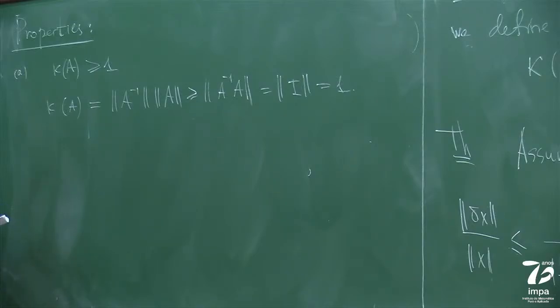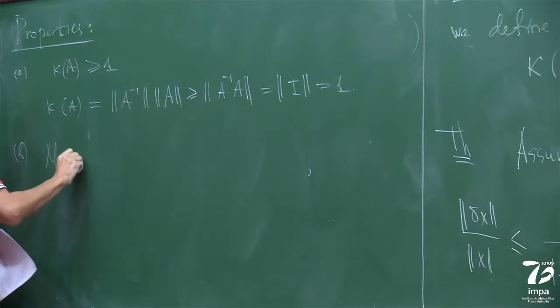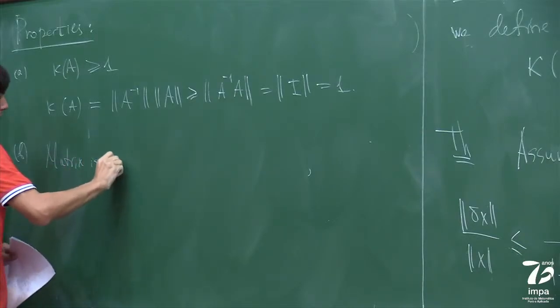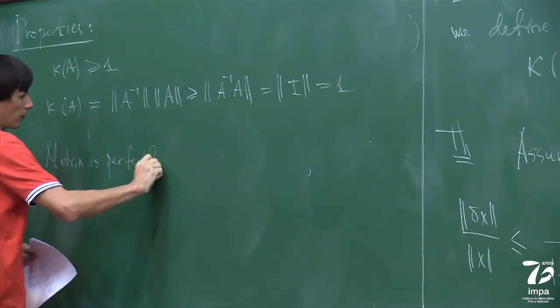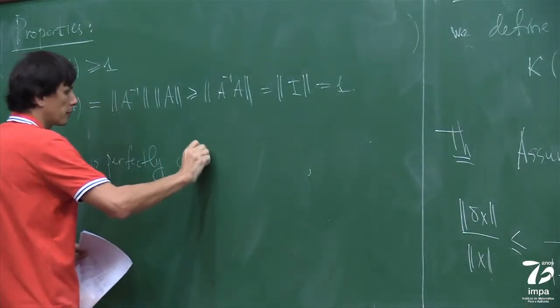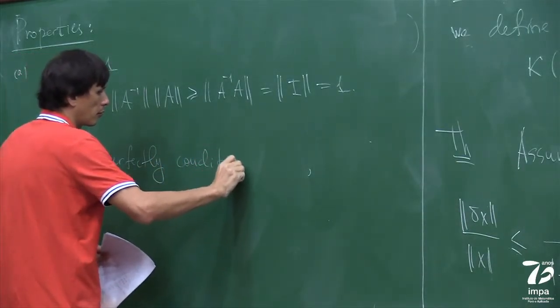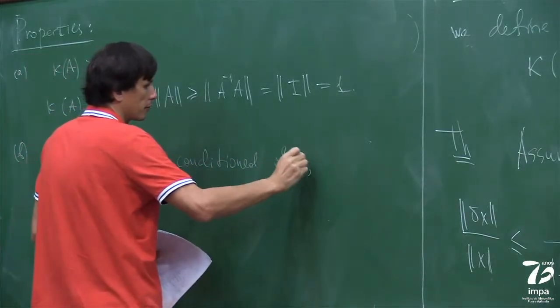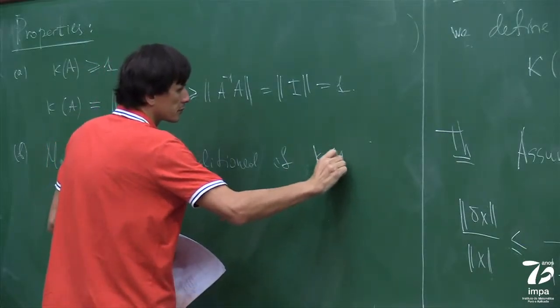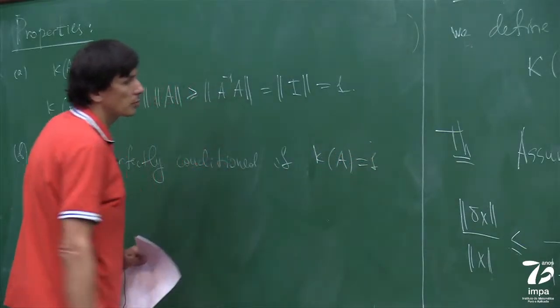And the next good thing is when it is 1. The matrix is perfectly conditioned if the condition number is 1.